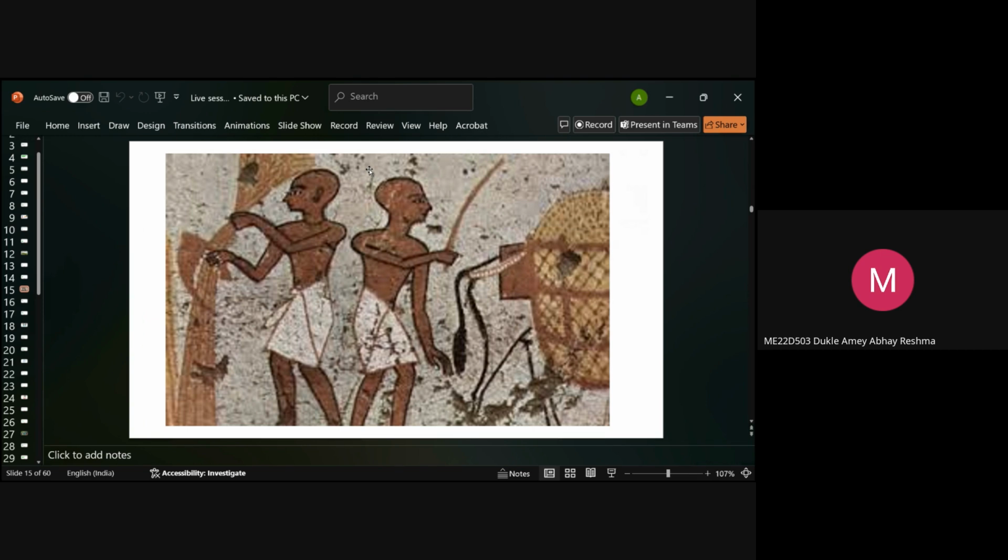In the painting, you can see organized agriculture being shown. So it was assumed, from the painting's carbon dating, that agriculture dates back to 8000 BC.